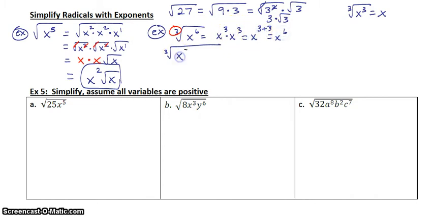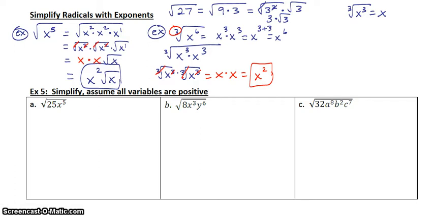Okay, so x to the 6 is the same thing as x cubed times x cubed. And I wanted to write it that way so that the cube undoes the cubed root. That's just x times x, so my final answer for that one is just x squared. There's nothing left over underneath.